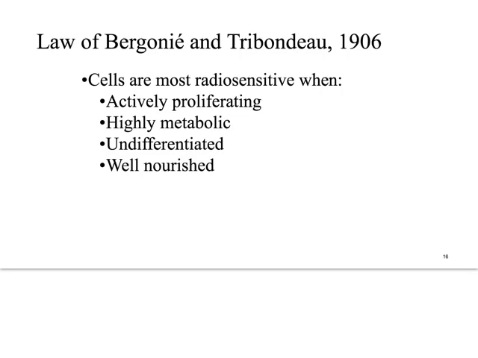So they found that cells are most radiosensitive, and so initially it was thought that these laws only applied to germ cells, but they apply to both germ and somatic cells, these laws. Cells are most radiosensitive when they actively are proliferating, they're highly metabolic, they're undifferentiated, and they're well nourished, right? So actively proliferating, highly metabolic, undifferentiated, and well nourished. Basically when they're stem type cells.